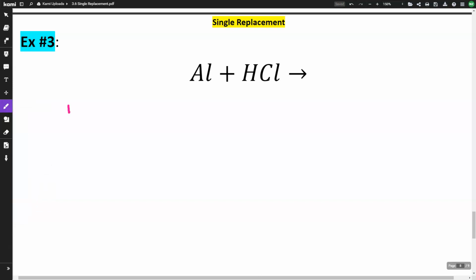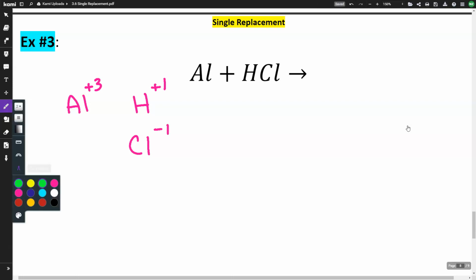So here we have aluminum, we have hydrogen, and chlorine. Aluminum is +3, hydrogen +1, chlorine -1. So aluminum is going to match up. It's positive, so it's going to attach to the chlorine here.